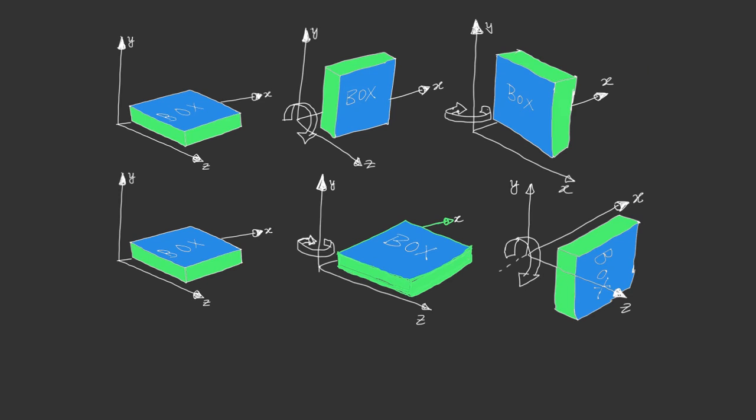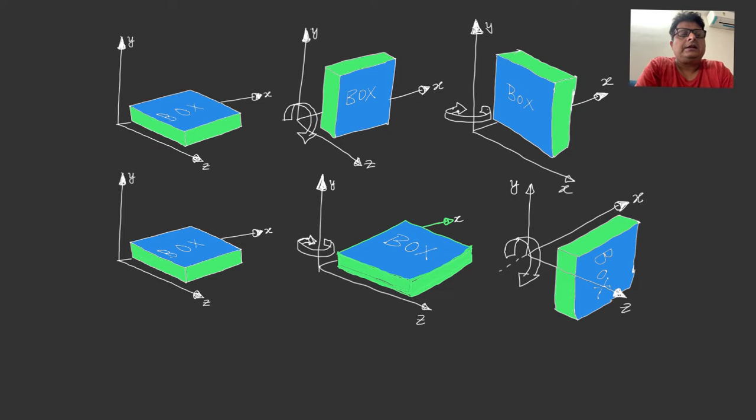Now let's see about rotation. Say in this case, I have drawn the x, y and z planes and there is a box in a particular orientation.